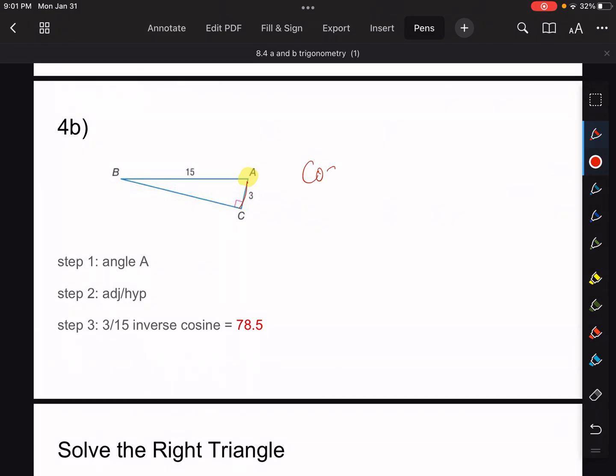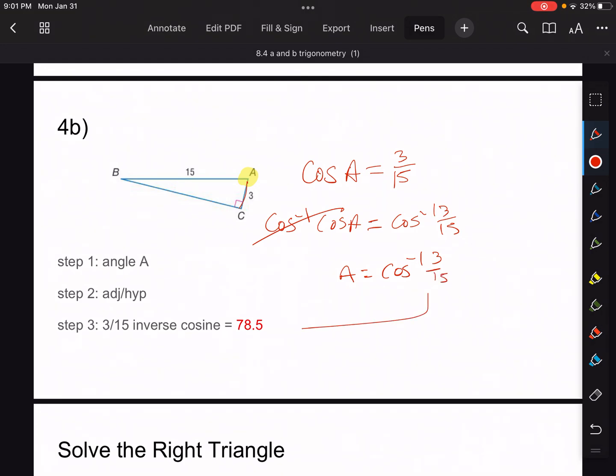So I know that the cosine of A is equal to 3 over 15. From what we just talked about, I can take the cosine inverse of both sides, and this crosses off, and I'm left with A is equal to cosine inverse of 3 over 15. If you end up doing that, you end up with 78.5.